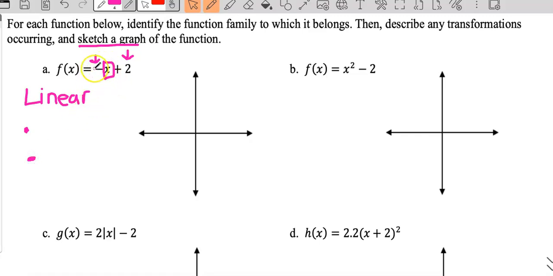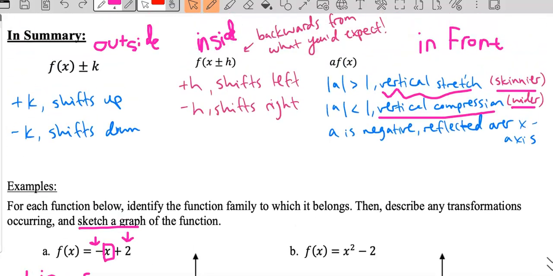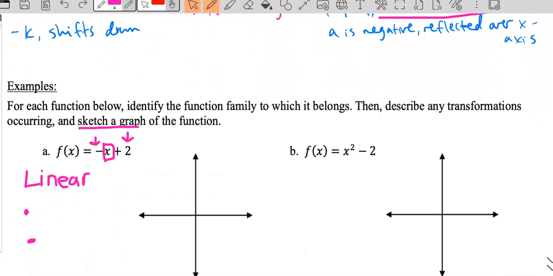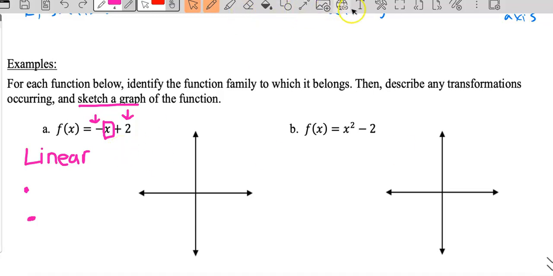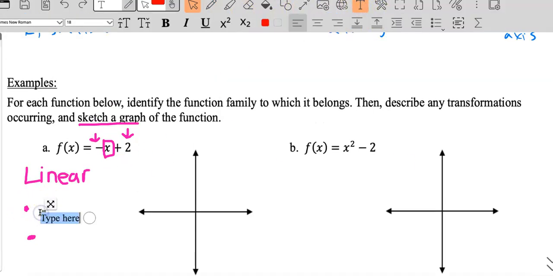All right, this first thing, this negative, is it outside, in front, or inside? And so this negative is in front. And so I know if an A is negative, it's going to reflect over the x-axis. So I would say reflect over the x-axis. Okay.